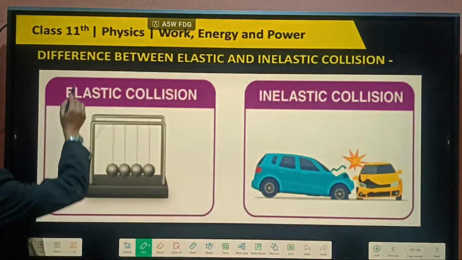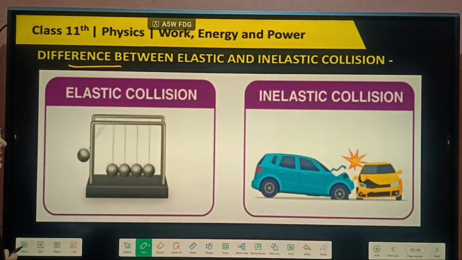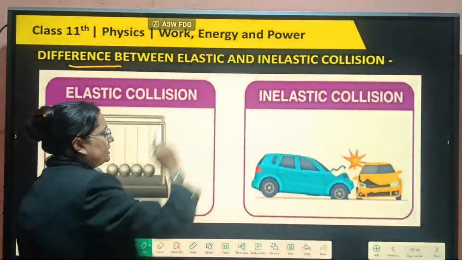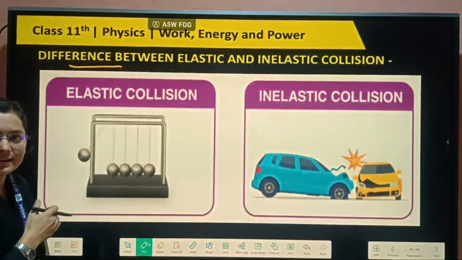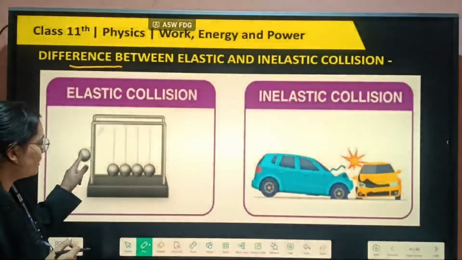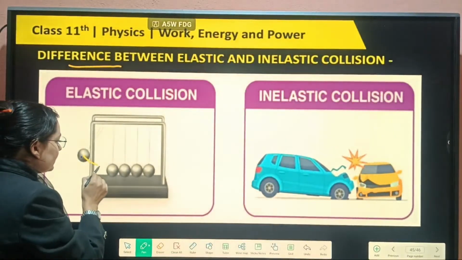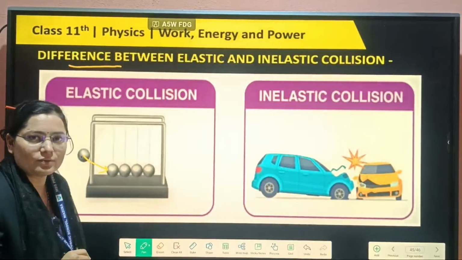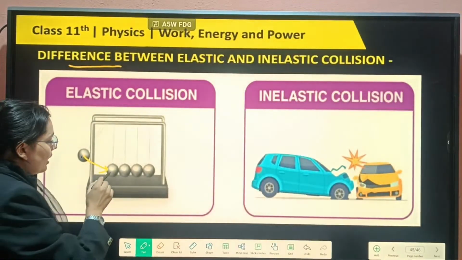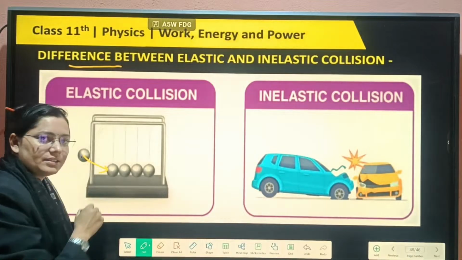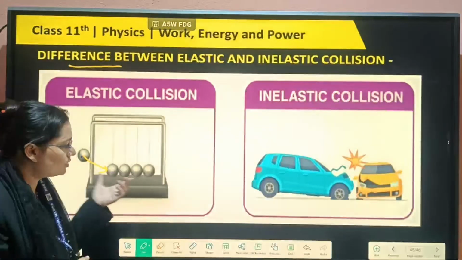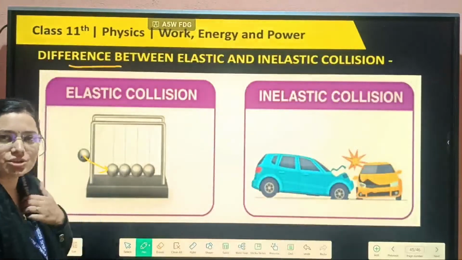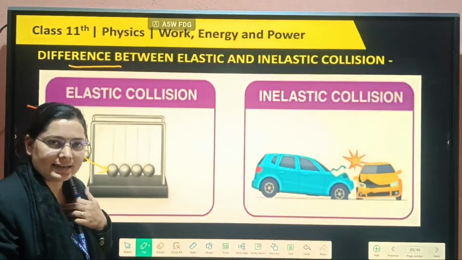Here you can see, beta, the difference between elastic and inelastic collision. अगर आप ये ball से इनको strike करोगे then ball will move here and there. As we are taking this ball को touch करके, जैसे ये contact में आएंगी, for a short time they will collide, then each ball will collide with this ball. So before the collision, after the collision, both will follow the law of conservation of momentum as well as the kinetic energy.